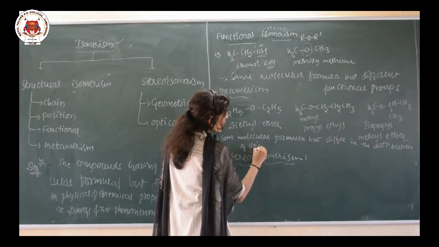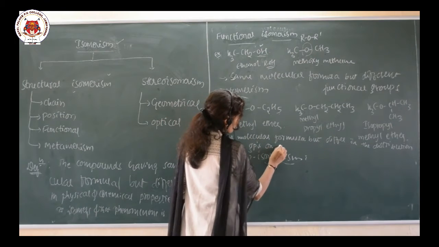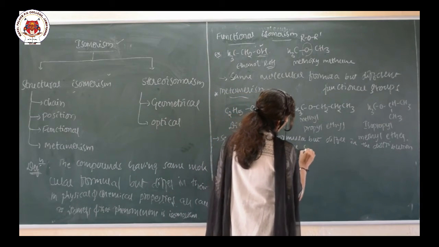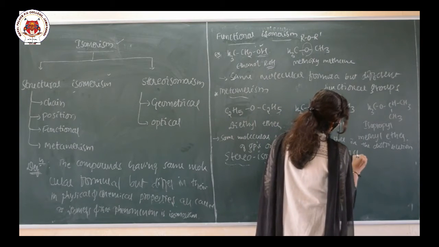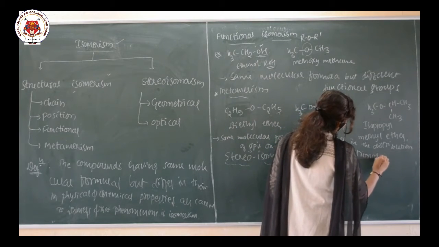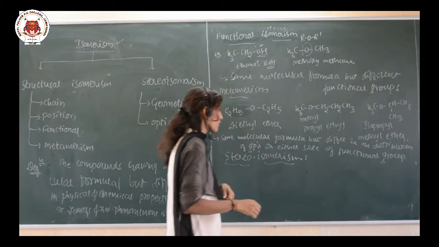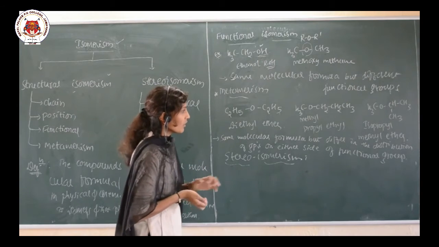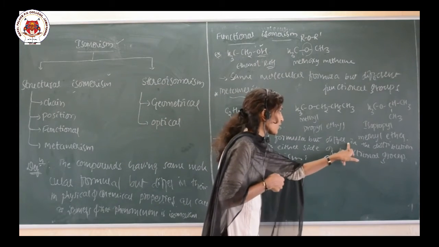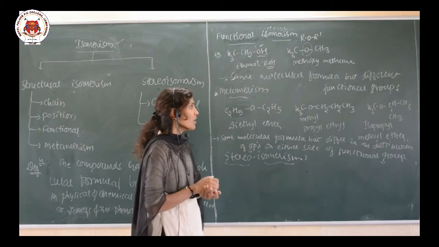Those are alkyl groups, usually groups on either side of the functional group. The compounds have the same molecular formula but differ in the distribution of the groups on either side of the functional group.